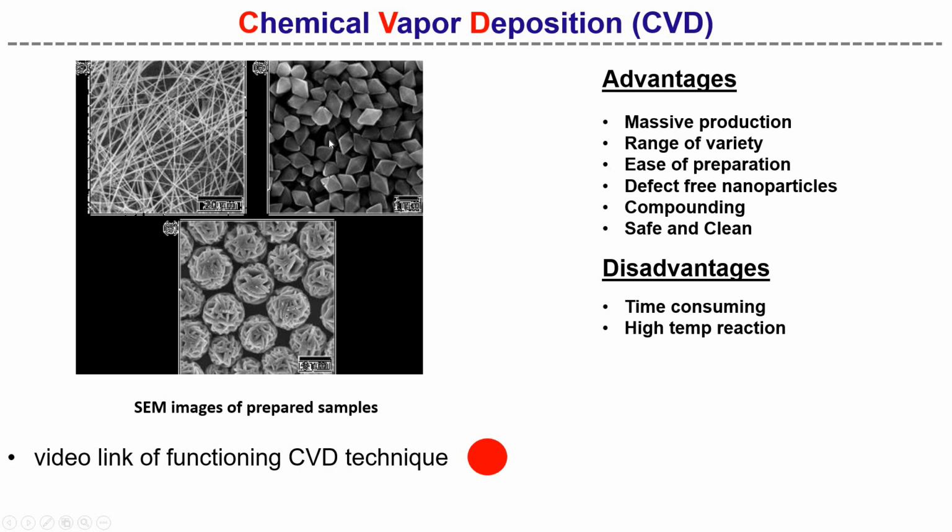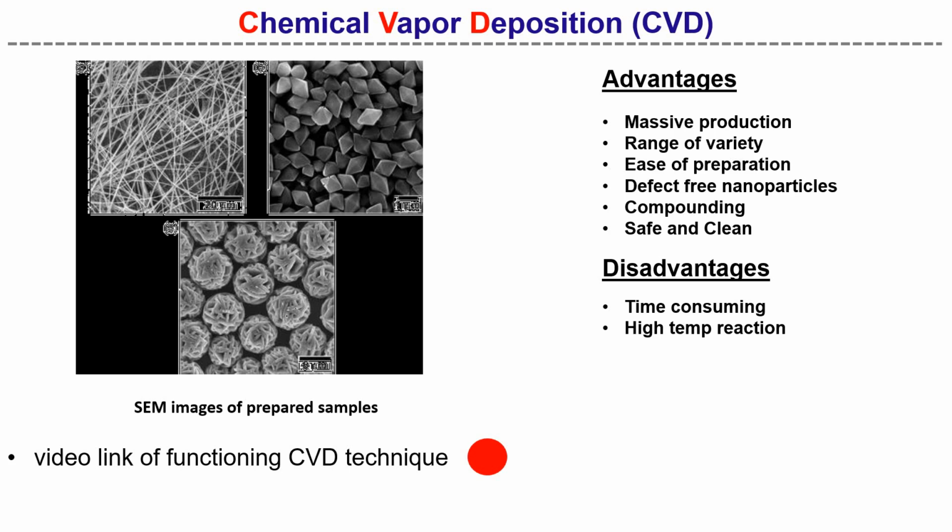So these are some of the images created from the chemical vapor deposition technique. Here you can see the development or the growth of nanostructures, which is ideal. So this object is identical with this object or any other objects. Shape modulation is one of the biggest advantages of this method in comparison to the ball mill method and the spray pyrolysis method.